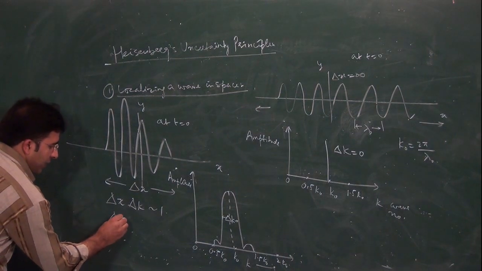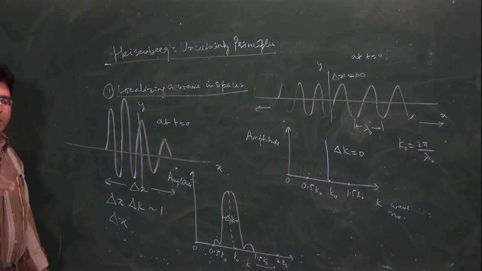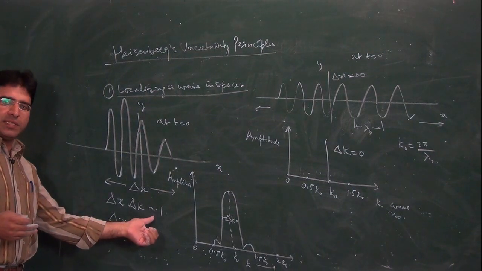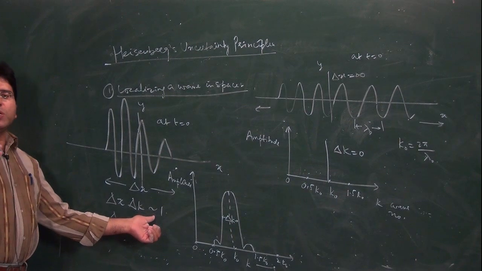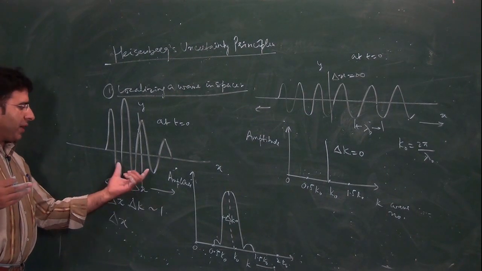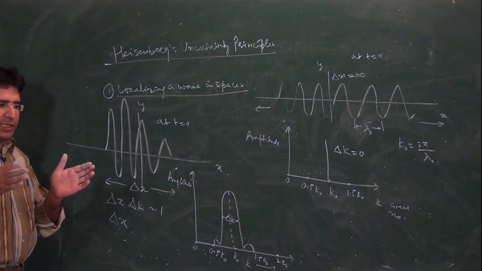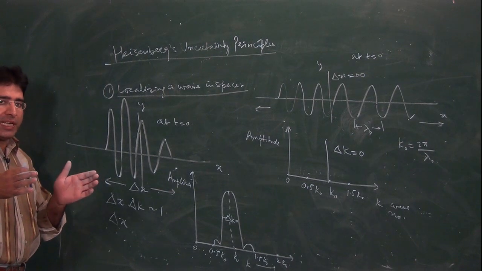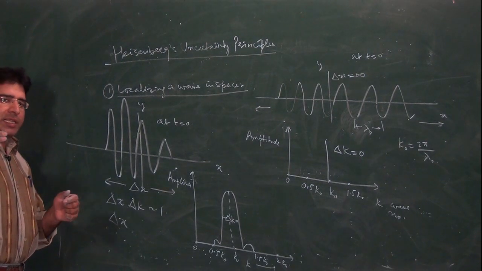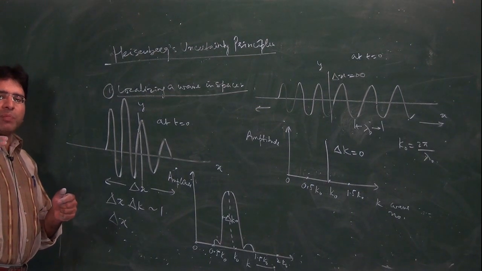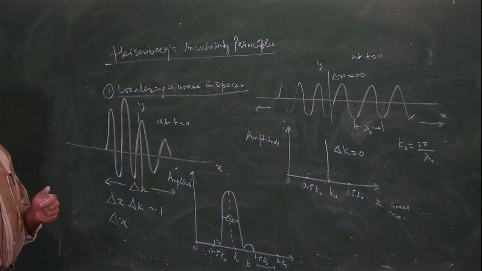More appropriately, we include the situations which are worse than this. Worse than this means your wave packet has some extension in space. It is not 100%, you cannot pinpoint it. Delta x is not perfect 0. Then delta k will not be perfect infinity.